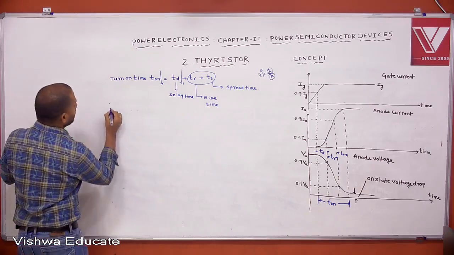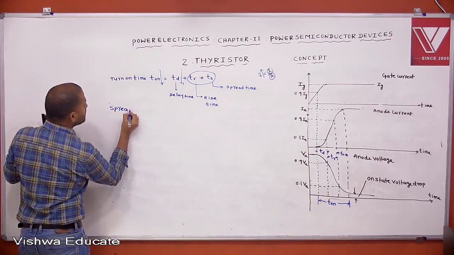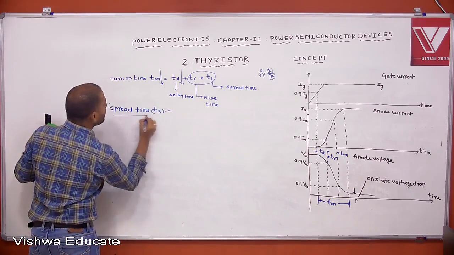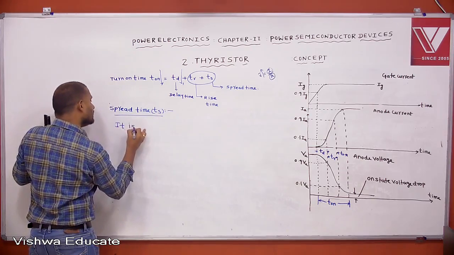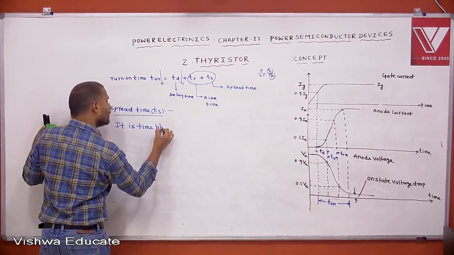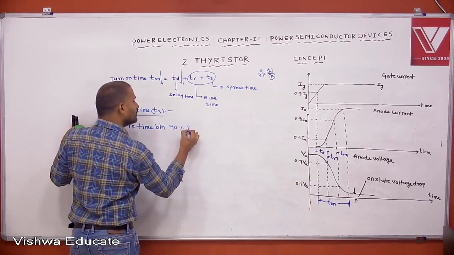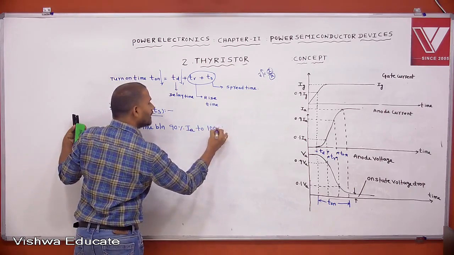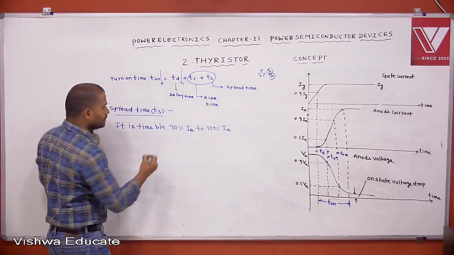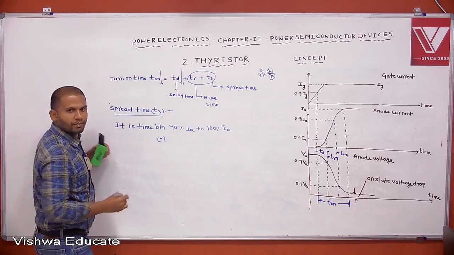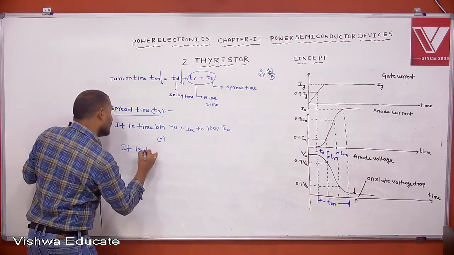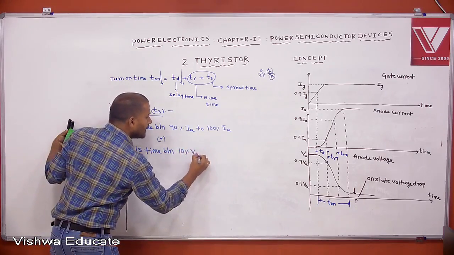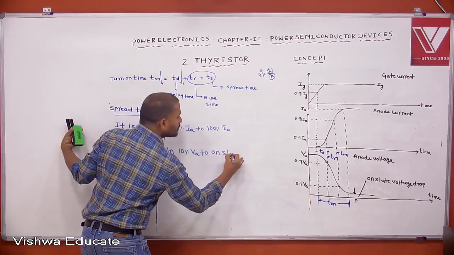Yes, the spread time, this last one, spread time TS. That is, it is the time between 90% IA to 100% IA, or it is the time between 10% VA to the on state voltage drop.